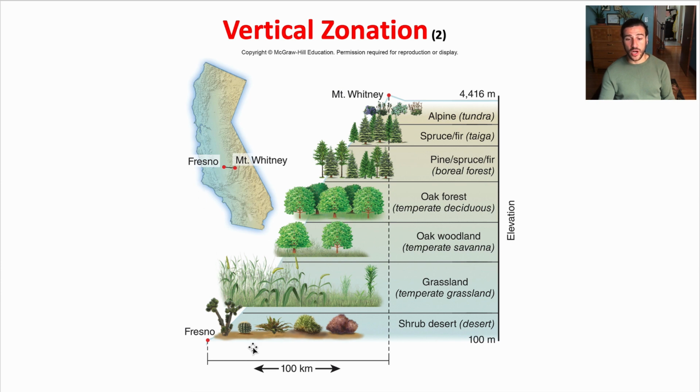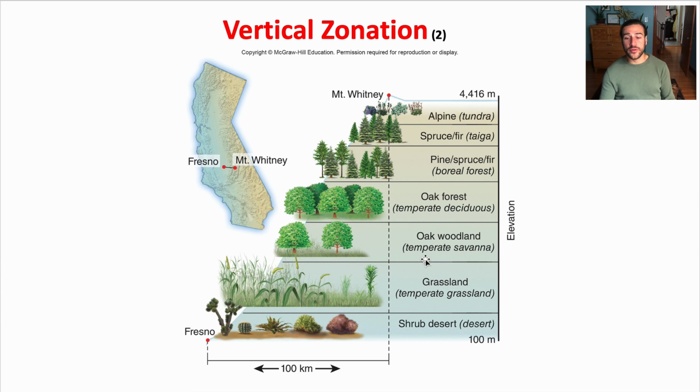Just traversing 100 kilometers, in Fresno you see plant life that is adapted to an arid ecology, an arid desert-like biome. You have Joshua tree, you have all these different cacti and different shrubs that have really long roots to store water and find the scant water. You move up in elevation and you get into grasslands.